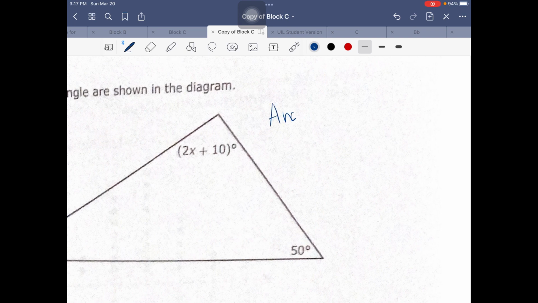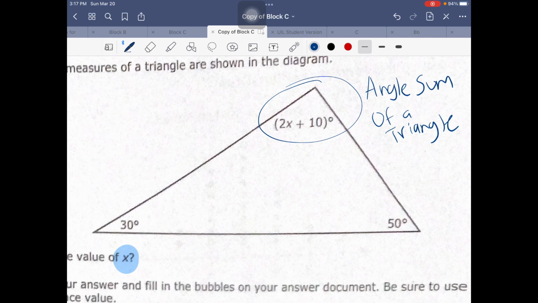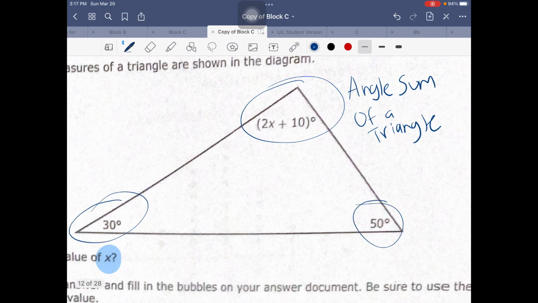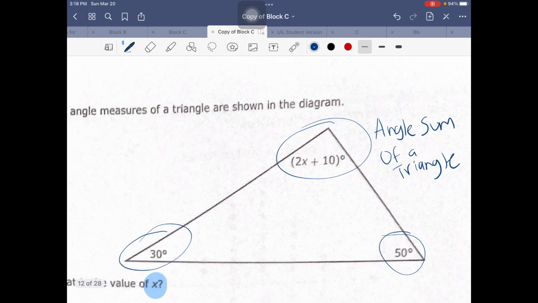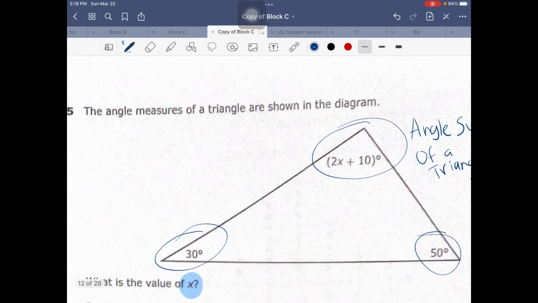The angle sum of a triangle, meaning whatever the numbers are, they should always equal 180 degrees. Siempre. That's something that you should know and remember forever.